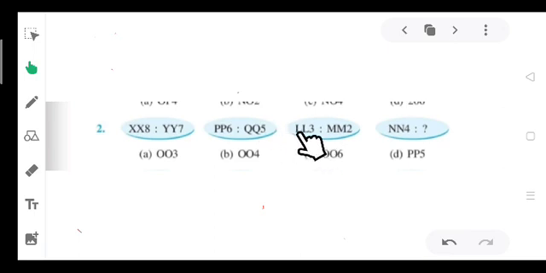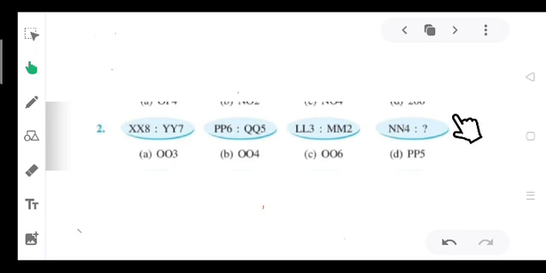L, next letter M. 3, its before counting number 2. Now we can write the blank here. N, its next letter we will write O. Again O. 4, its before number 3.